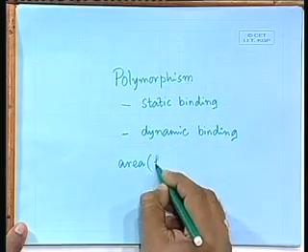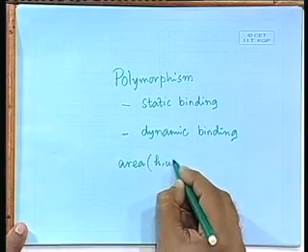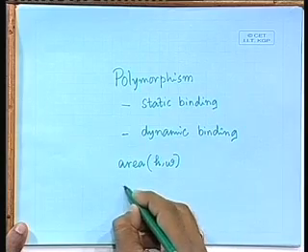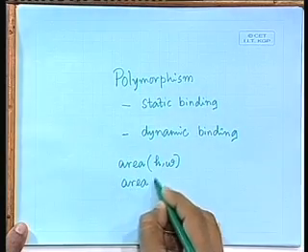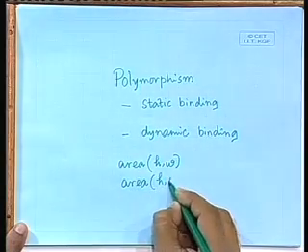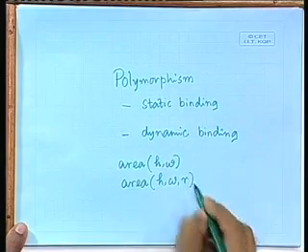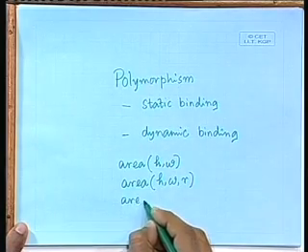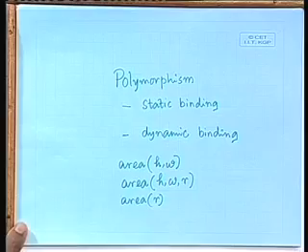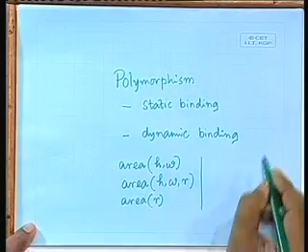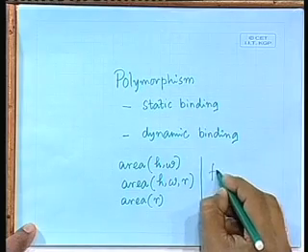Operator overloading. How operator overloading can be implemented? Suppose we have the area. So, when you give only the h and w, this function could be different from the others. You see, these three are three examples of operator function overloading basically.